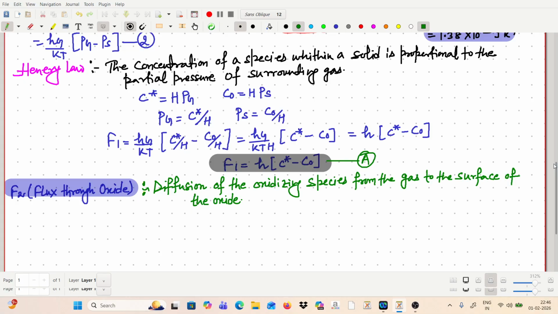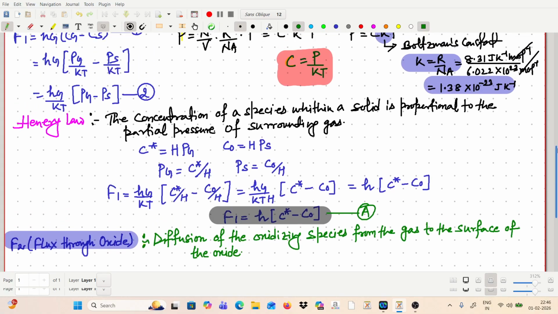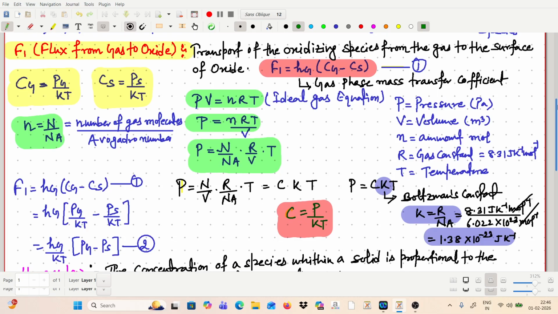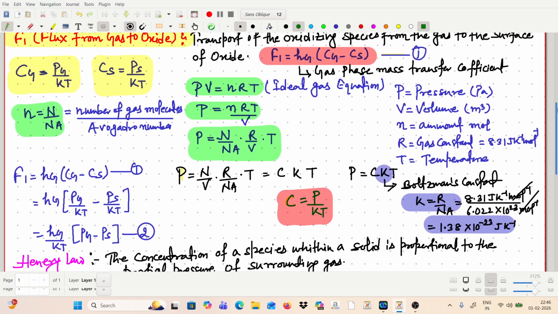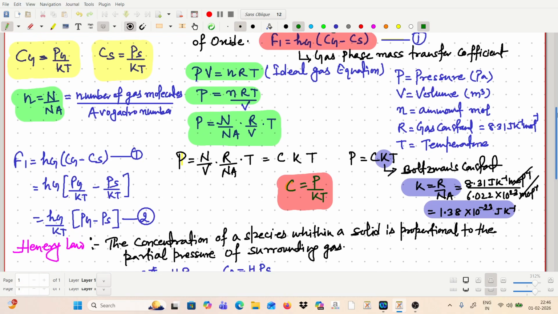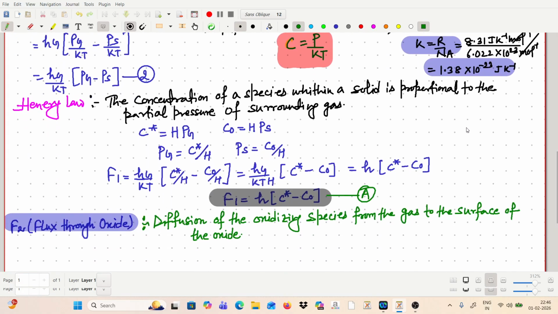Initially we started with Cg minus Cs. Because so many variables are there, we have to focus only on three variables: C star, the equilibrium concentration, Ci, and C naught. That's why we have eliminated Cg and Cs. Clear?